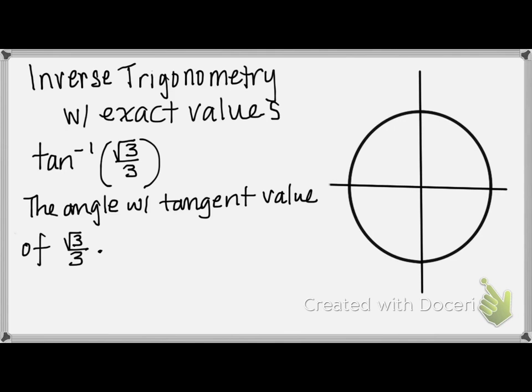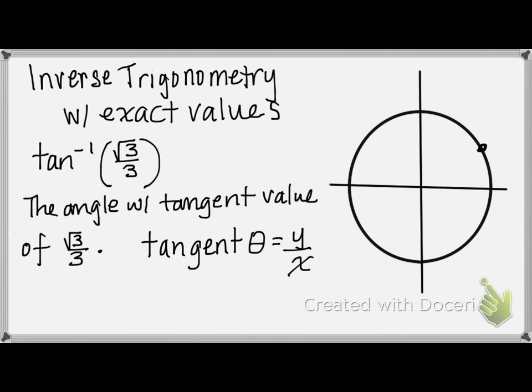So first of all, before I go over and look at the unit circle, remember that on a unit circle, the tangent value of an angle is equal to y over x. So let's hold on to that. Now, moving over the unit circle, I'm looking at some of these values here.